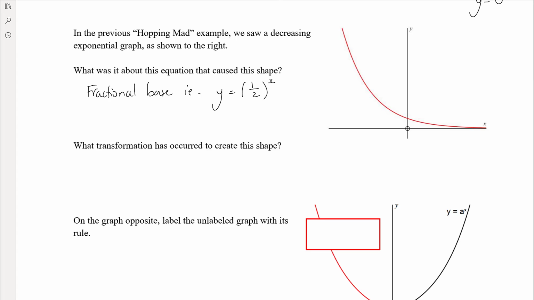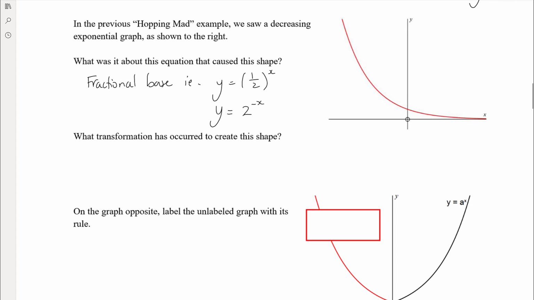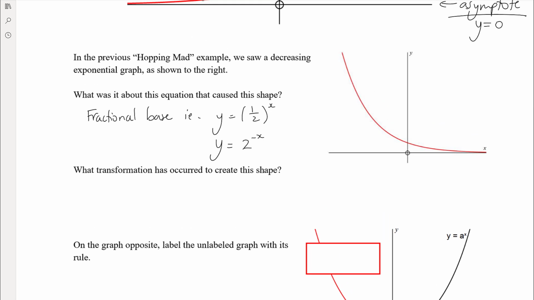And we talked about at that time that this equation can be written as 2 to the power of negative x. Okay? And that fits with what we are thinking if we think about this as a transformation. So if this is y equals a to the power of x, then this graph over here has been reflected in the y-axis.